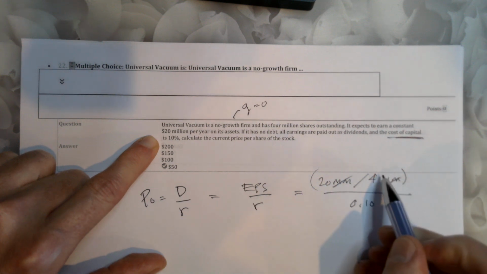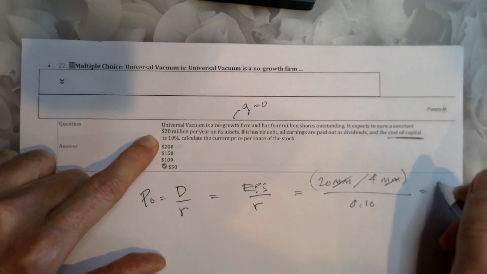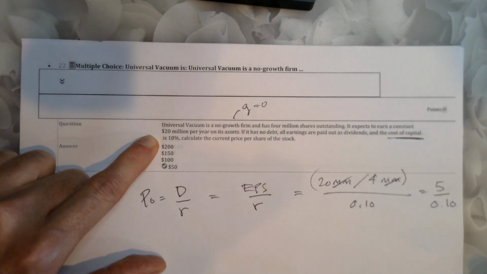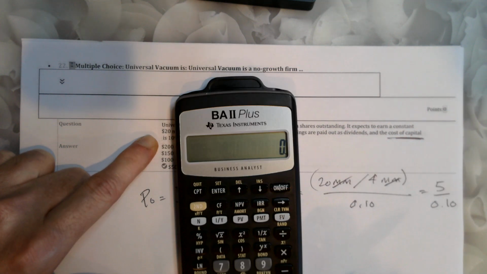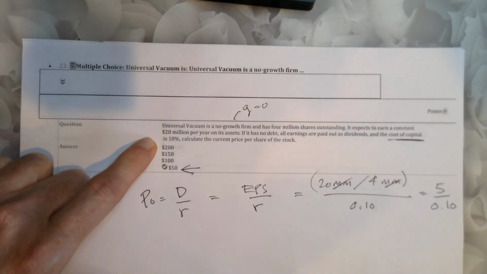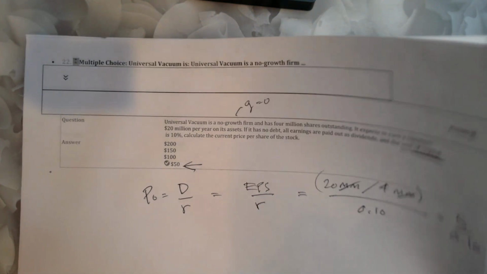So if I do 20 divided by 4, hopefully you can do that in your head. We're actually looking at 5 divided by 0.10. Hopefully you can do this one in your head too, but here we go. 5 divided by 0.1 equals 50. And so that is the correct answer.